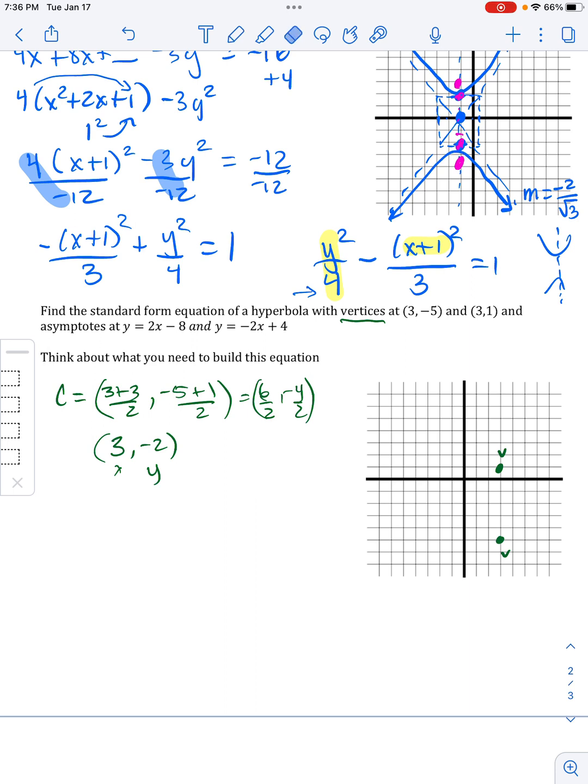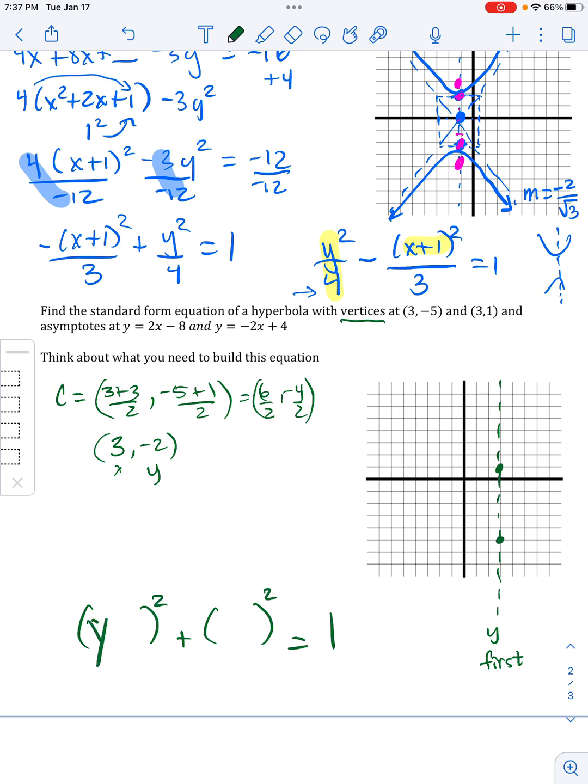If, which they are, because they said so, these are my vertices, then keep in mind, again, because apparently all the examples have this, I'm going to have a transverse axis that is vertical in the y direction, and that means y gets to go first in my equation. So I'm going to have equals 1, square here.